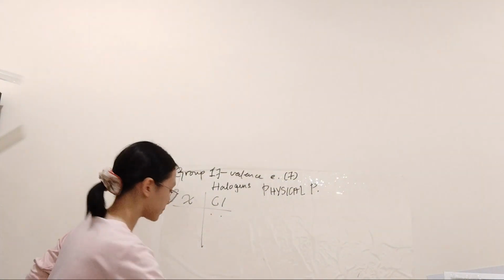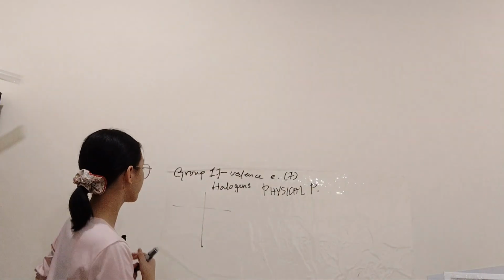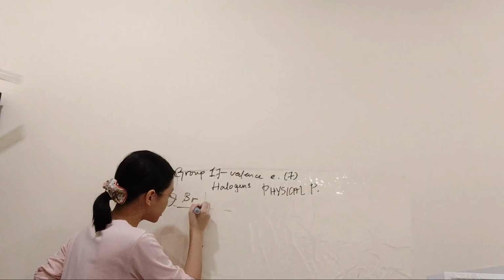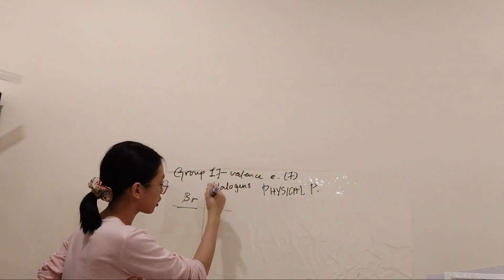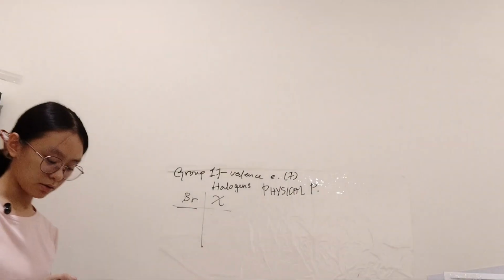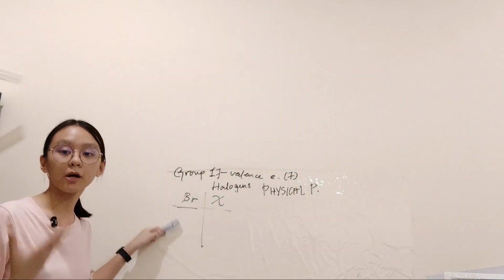But say we do the opposite. Say I don't put chlorine here, I don't put X here. Let's say I put bromine here instead. So bromine is a purplish black, and I put the unknown X. Predict the color of X. You know that bromine turns purplish black.